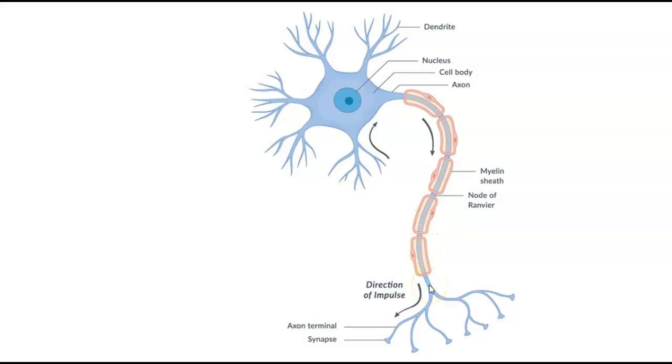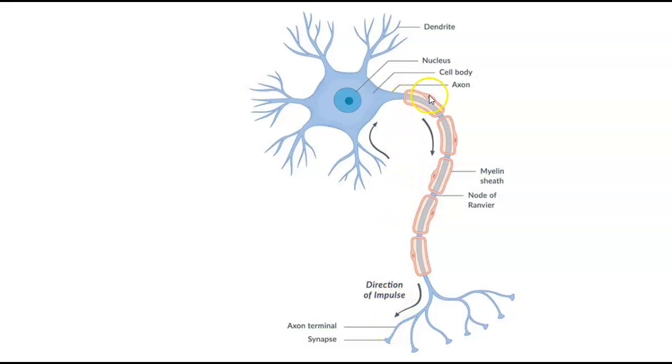This is the axon. And then these would be axon terminals, the part of the axon where it interacts with other cells, at synapses. So there's a little space between the neuron and the next cell.